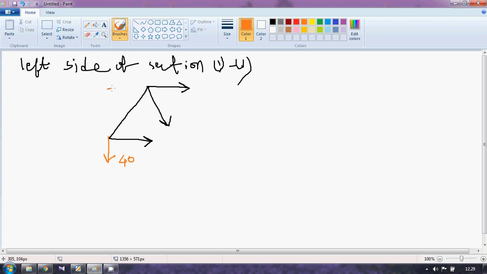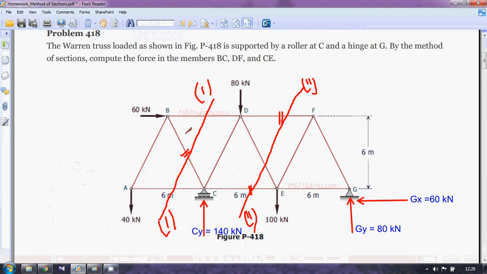So 60 kilonewton like this. This is 60, this is point A, this is point B. Correct.